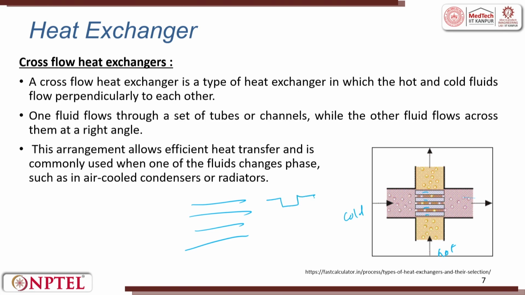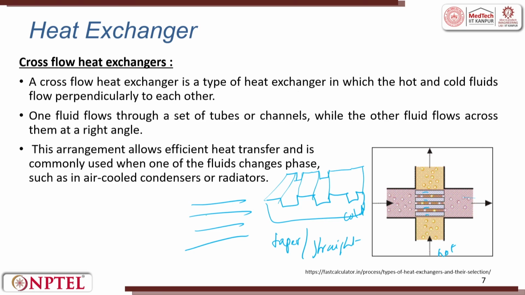When I try to take a cross section, it can be like this. It can be like this channel, right? If you want to visualize, it can be something like this. Okay. This channel can be tapered, it can be straight. Depending upon your requirements, it can have a taper, positive taper, negative taper, whatever it is.